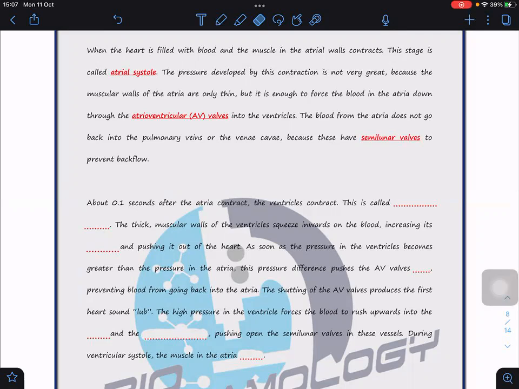Now, this part is a little bit confusing, because just now we said that between the heart and the vena cava or pulmonary veins, they do not have a semilunar valve. But the semilunar valve referred to here is a valve along the vena cava or pulmonary veins.